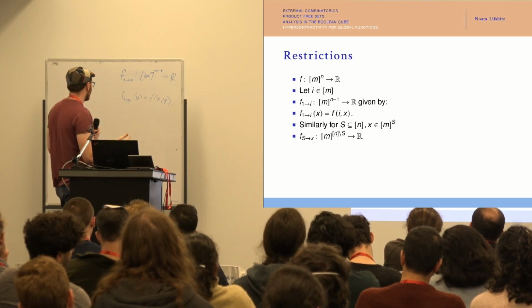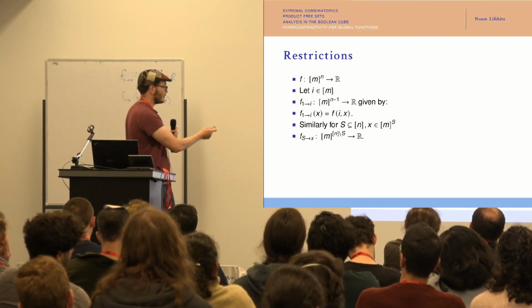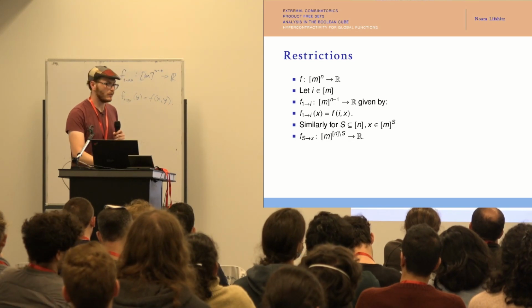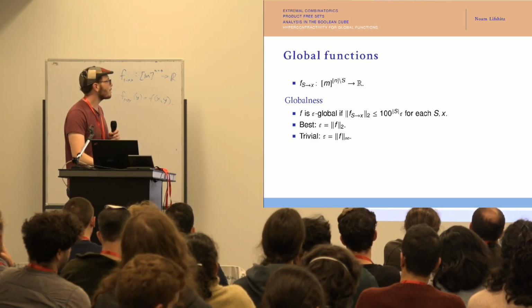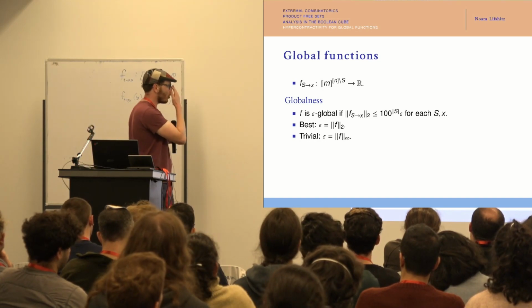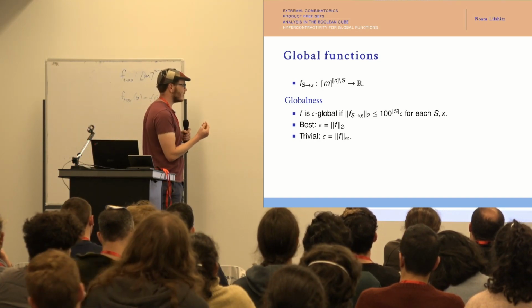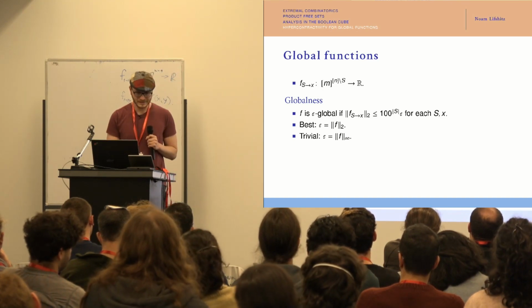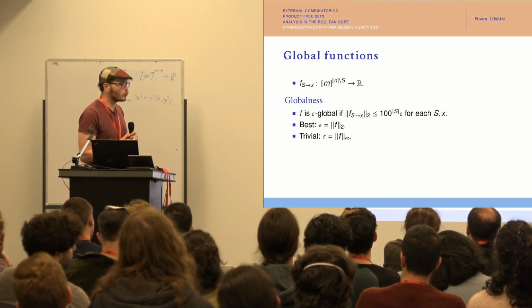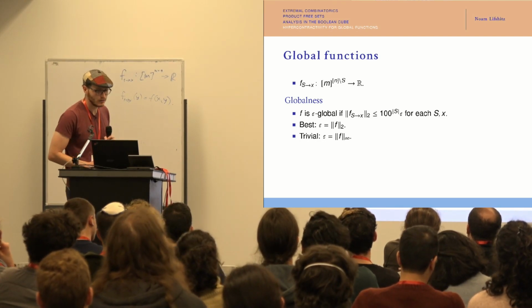And more generally, you can take a set of coordinates and plug in x in those coordinates and get a function on the rest of the coordinates. And our definition of global tells us that when we take these restrictions, we don't increase the 2 norm of the function by too much.